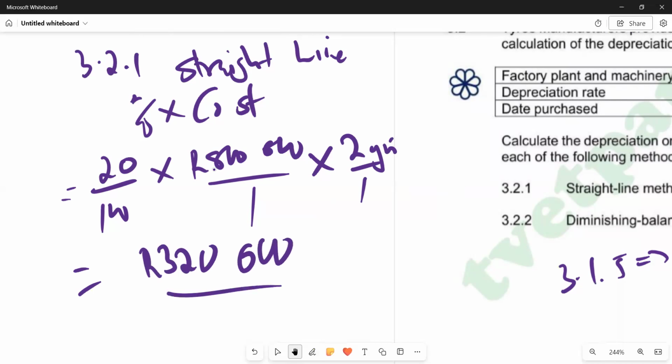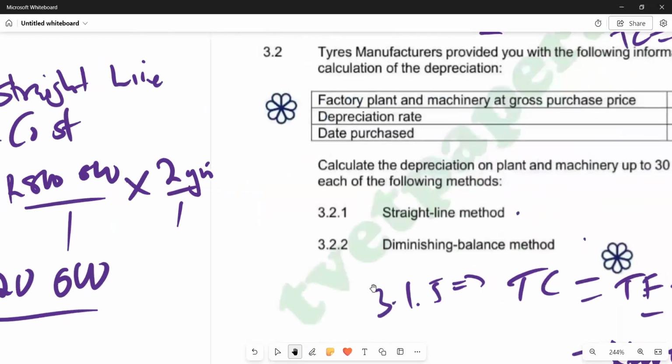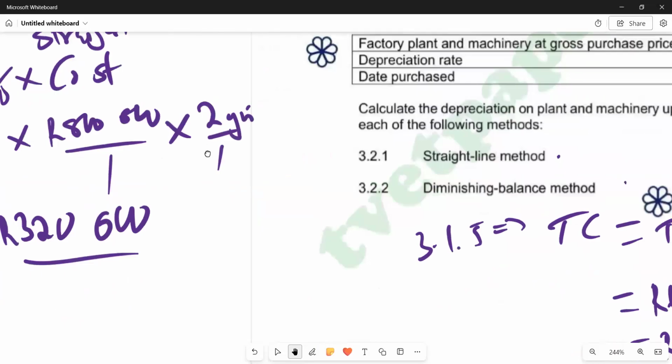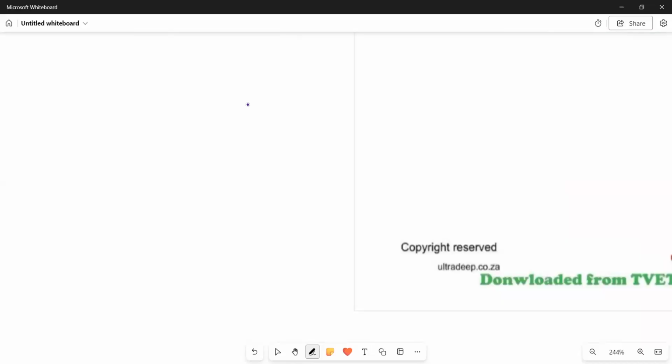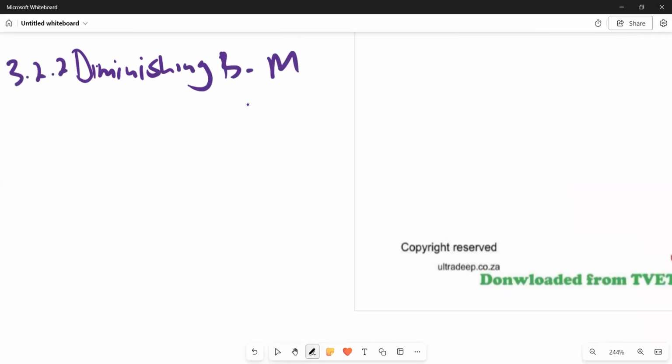That is 3.2.1. Then on 3.2.2, this is the diminishing balance method. And you know that the diminishing balance method is more complicated than straight line. So we are going to calculate for the first year and then calculate for the second year because it's diminishing.